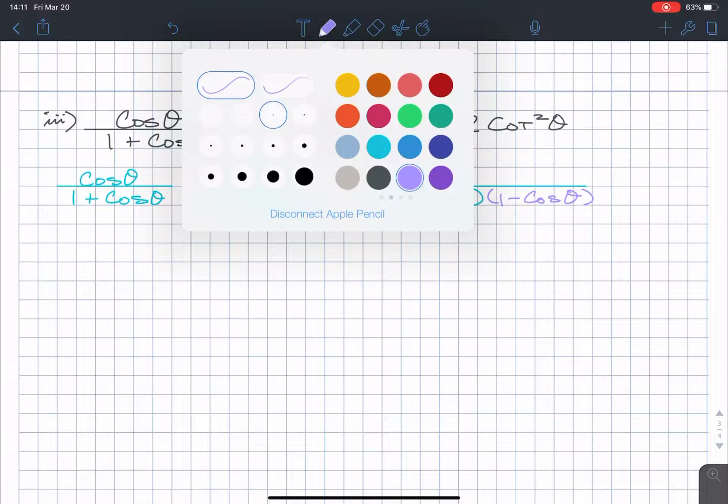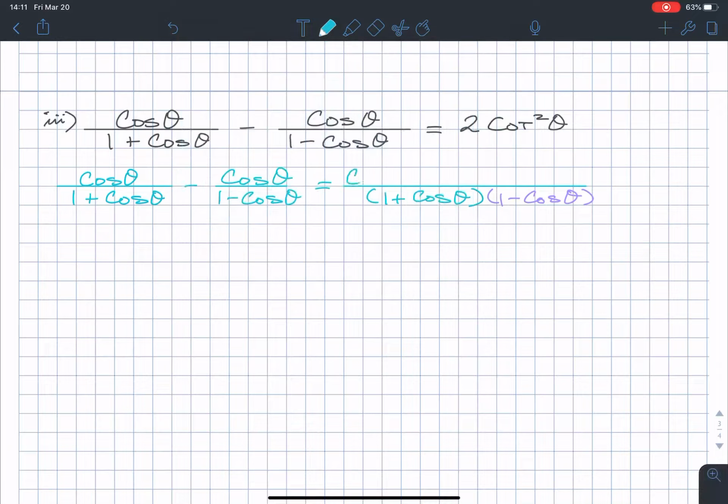And in order to do that, I need to take the first fraction and multiply it, top and bottom, by the denominator in the second, that is 1 minus cosine theta, from which I'm subtracting the numerator of the second fraction times the denominator in the first, which is 1 plus cosine of theta. Basically, I'm just getting the LCD.